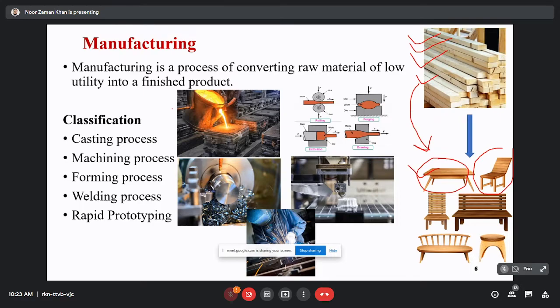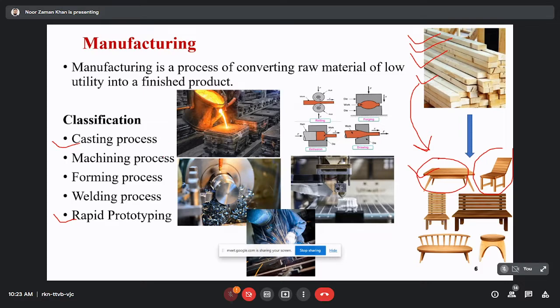If we classify how we perform the transformation from the raw material to a finished product, there are various types of processes available, which may be a casting process, machining process, forming process, welding process, and the fifth one is rapid prototyping process. In the casting process, we melt the material in order to make a product.